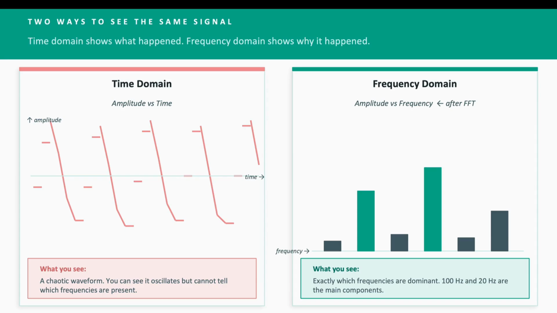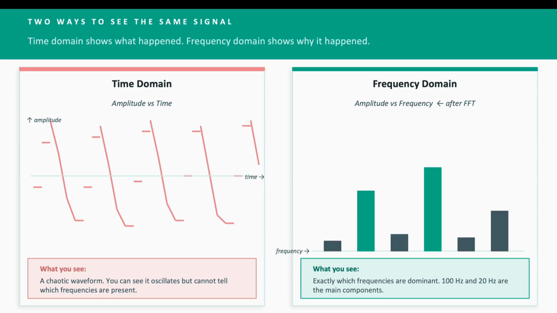The frequency domain: this is after the FFT, amplitude on the vertical axis, frequency on the horizontal. Suddenly you can see spikes at specific frequencies. Look at the right panel, same signal, but now you can see dominant spikes at 20 Hz and 100 Hz. The rest is small noise.